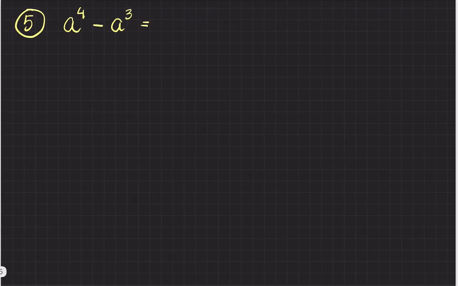Last one. I have only variables here, only letters. Okay, when it comes to the letters and when you have an exponent that is not 1, what you're going to do is factor using the lower exponent. Okay, so the lower exponent here between 3 and 4 is 3.